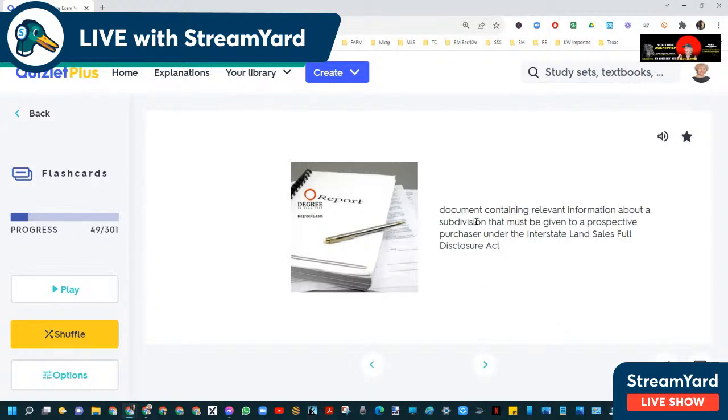Next, 49. A document containing relevant information about a subdivision that must be given to a prospective purchaser under the Interstate Land Sales Full Disclosure Act.